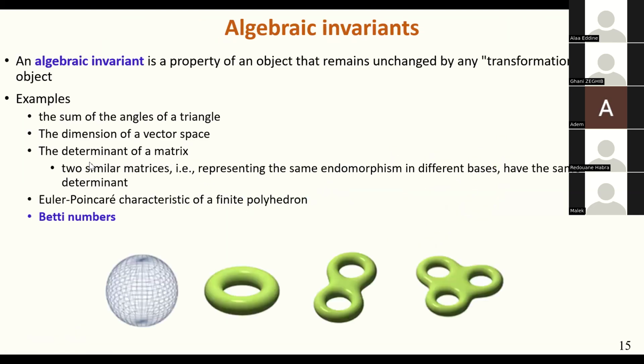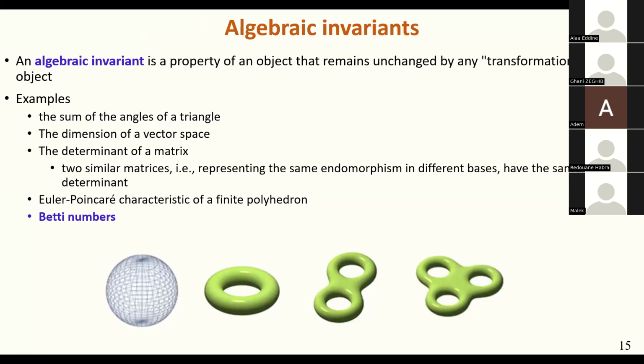An algebraic invariant is a property that remains unchanged by any transformation. For example, the sum of the angles of a triangle: you can rotate it or deform the triangle, and the sum of the angles would remain 180.